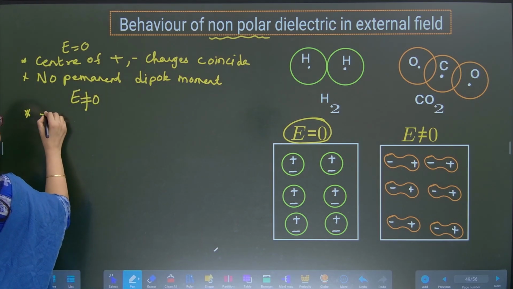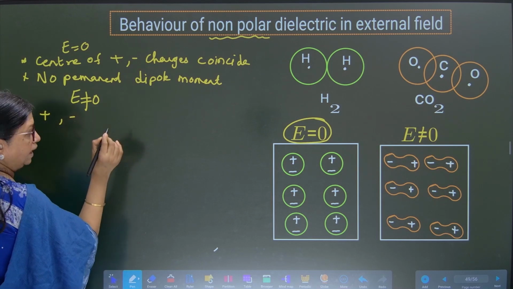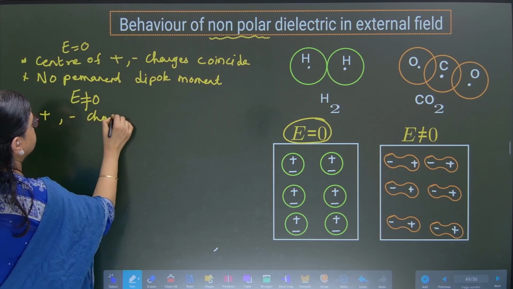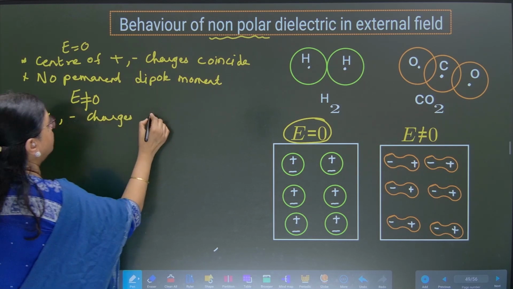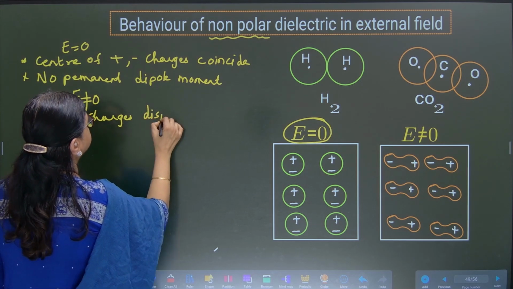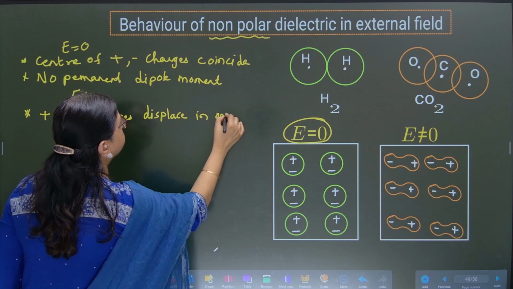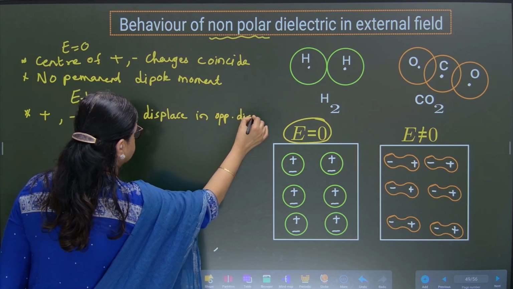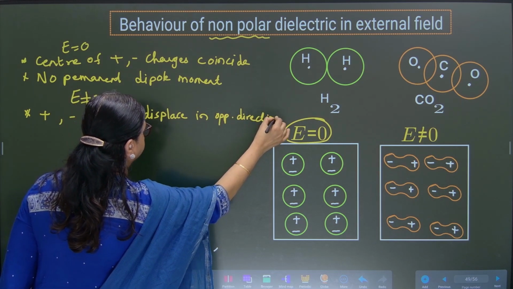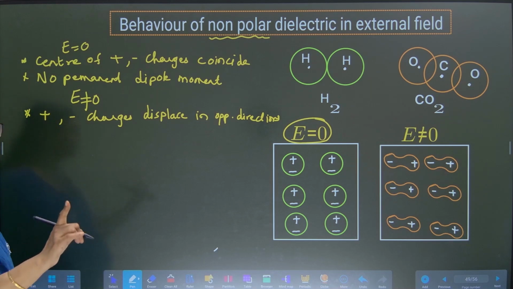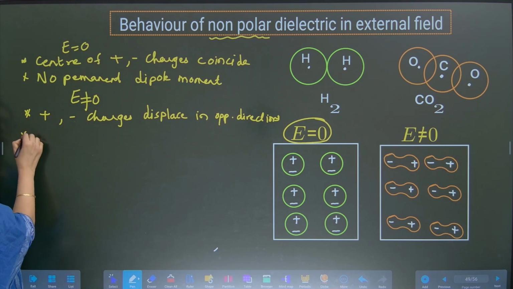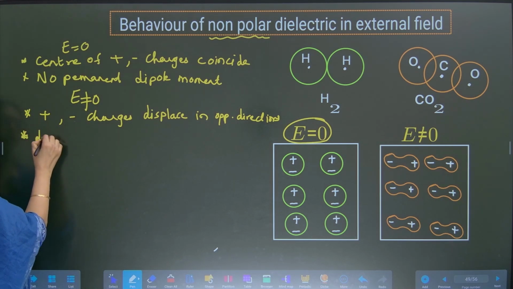The positive and the negative charges will displace in opposite directions. That is the first thing. Till when will this displacement continue?